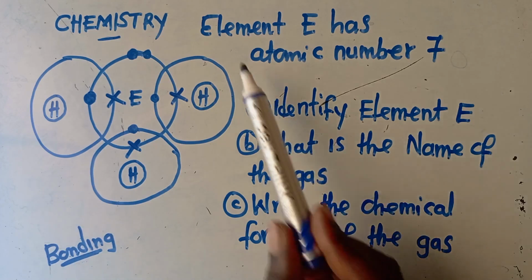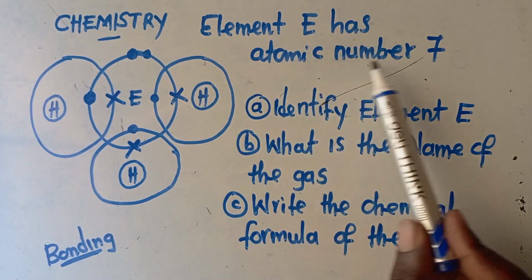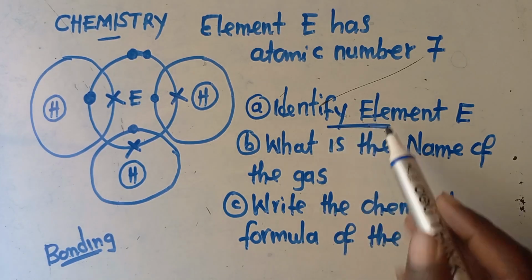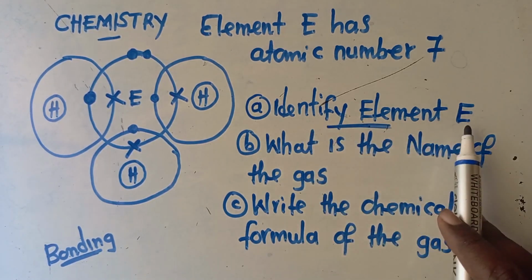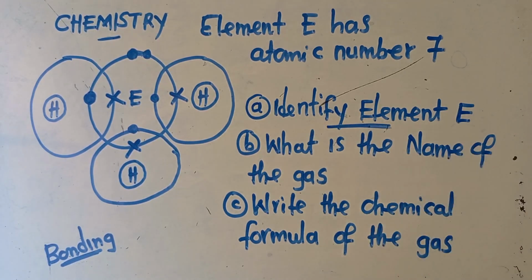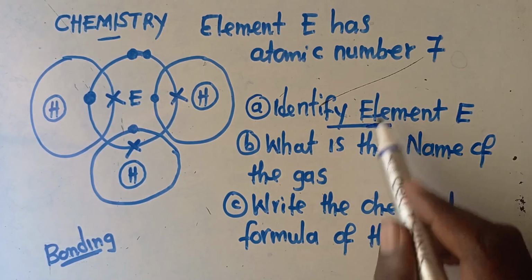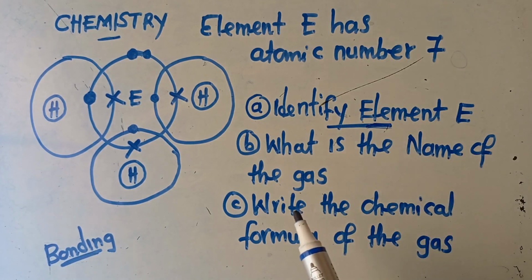So the question is saying element E has atomic number 7. The first question here is to identify element E. How can you identify element E? By definition, an element is a substance made up of one type of material that cannot be split either by chemical means or physical means.